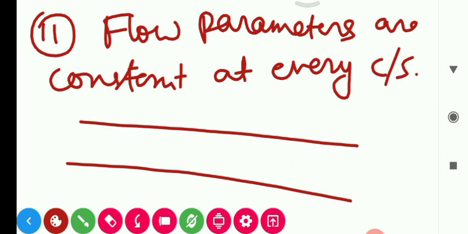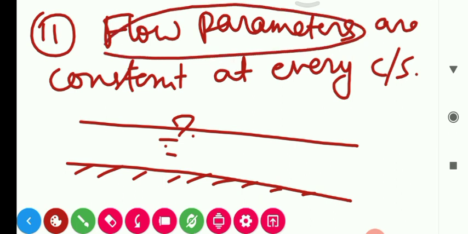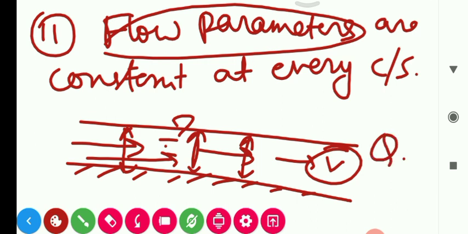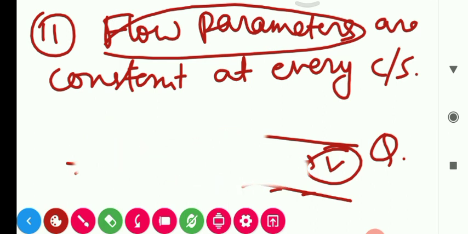Meaning if we have a channel's bed slope and the flow is toward this direction, then the flow parameters, what are flow parameters? Flow parameters are actually the depth of the flow, meaning this one, the depth of the flow is constant. Okay, the velocity of the flow, the velocity at which the water is flowing, the wetted area and the discharge.